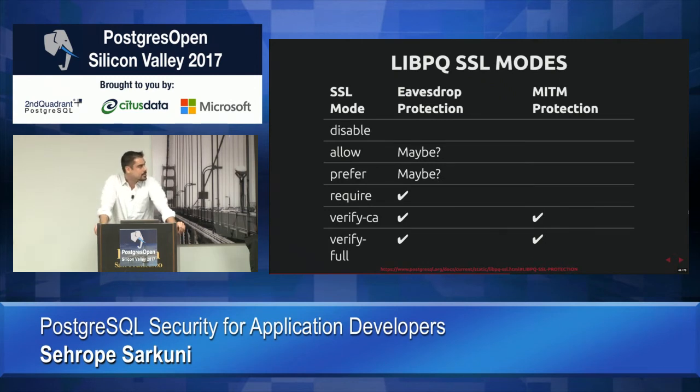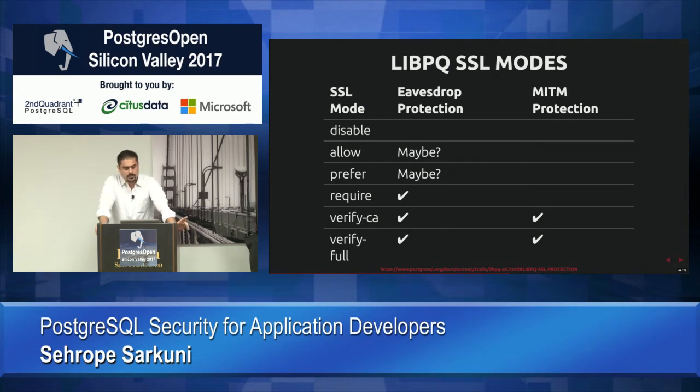If you're connecting from libpq, there are a couple of different modes, driven off of either connection parameters or environment variables, to dictate how you're going to connect. The top level one, disable, means don't connect with SSL, explicitly use an unencrypted connection. In that case, there's no eavesdrop protection and no man-in-the-middle protection, but you know what you're getting. You're saying, hey, don't use SSL, I'm okay with that.